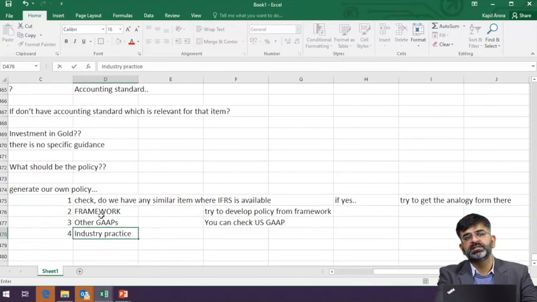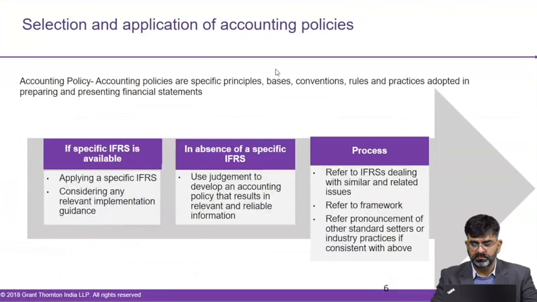See what your competitors and your industry are doing, and try to follow that. But you cannot go directly to industry practice. First of all, you have to follow this particular flow. So this is something we have discussed.